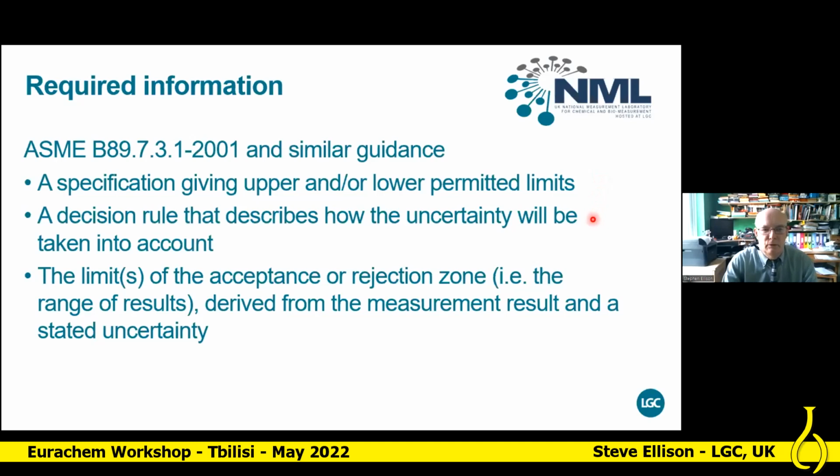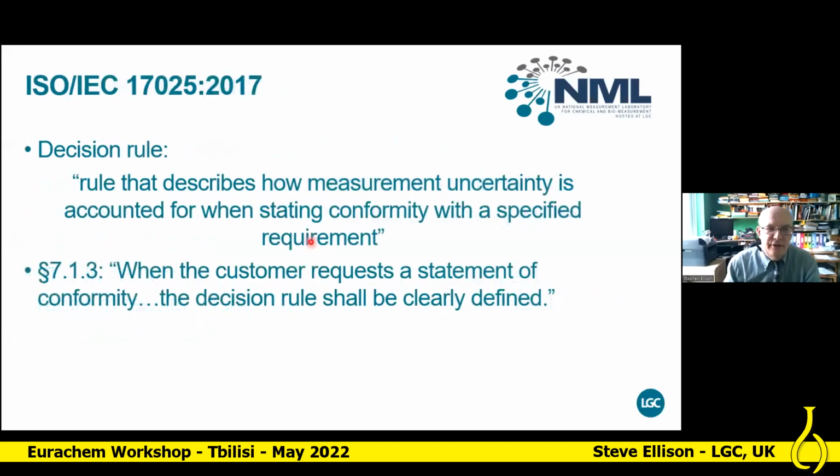You then need a rule to tell you how the uncertainty will be taken into account. And for some of those rules, you can form what's called an acceptance or rejection zone, which is a range of results which you'll take as indicating an acceptable test material. And these rules, decision rules, have a definition nowadays. It's just a rule that tells you how to use the uncertainty.